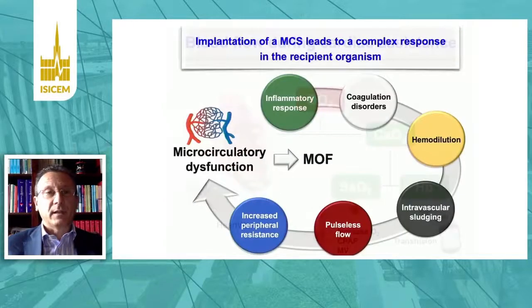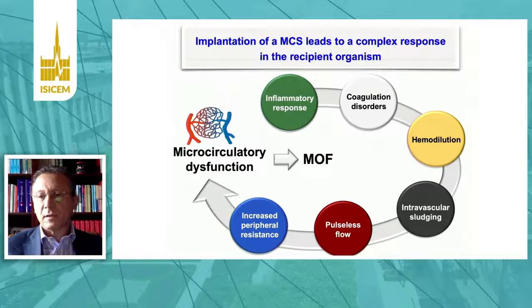And unfortunately, VAD implantation leads to a complex response in the recipient organism, which is characterized by inflammatory response, coagulation disorders, hemodilution, intravascular sludging, pulseless flow, and increased peripheral resistance. All these factors are responsible for microcirculatory dysfunction and multiple organ failure.